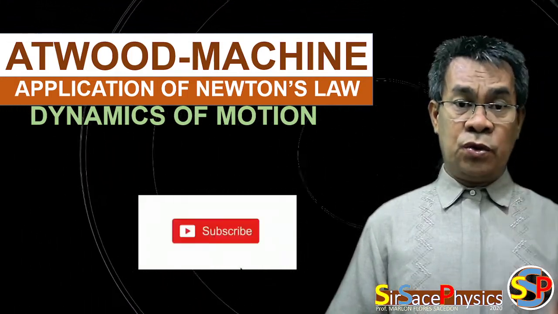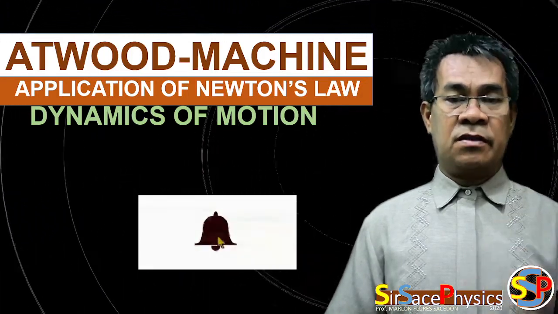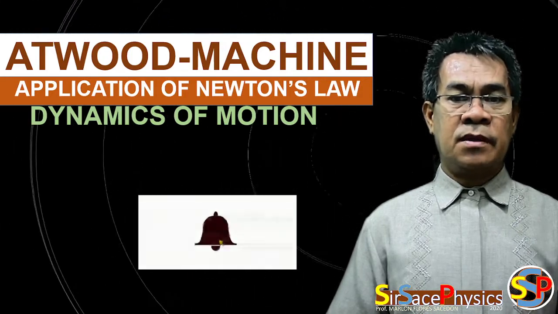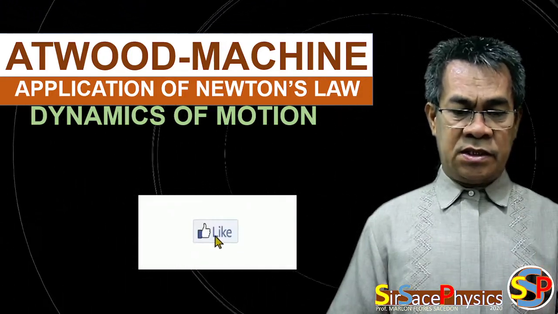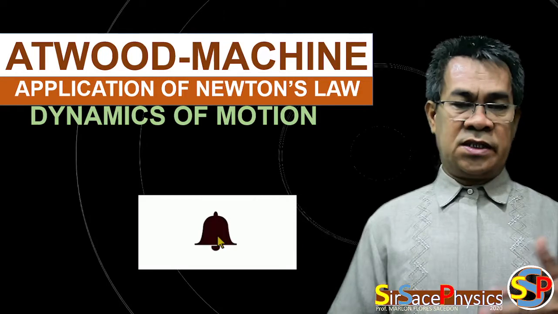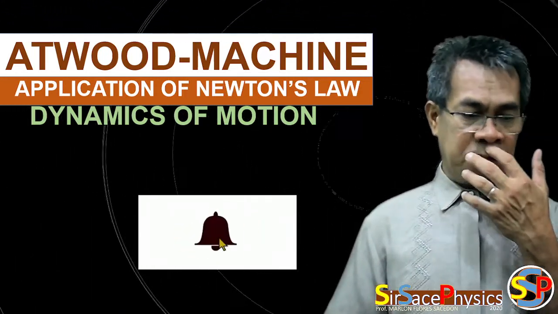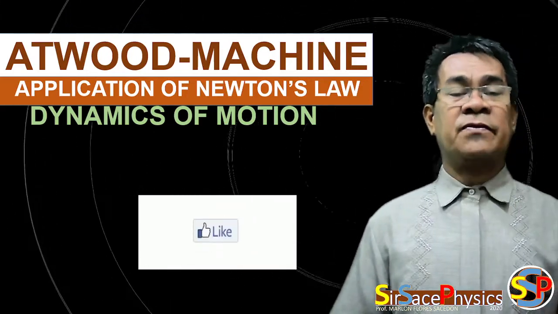Meaning we have to show all the forces on that particle, and we call that the free body diagram. If you miss one force on the object, then we cannot say that it is a free body diagram. So we have to be careful in analyzing all those forces on the object.